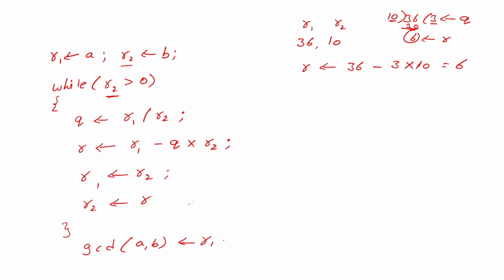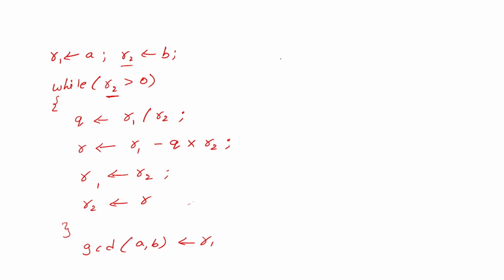When the second value becomes 0, then the first value is GCD. So this is the algorithm with the diagrammatic representation. R1 is equal to A, R2 is equal to B, and R is the remainder. We need to write this table in the exam also.